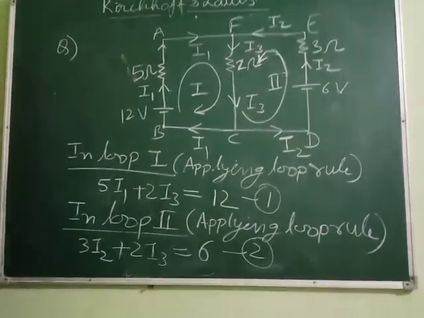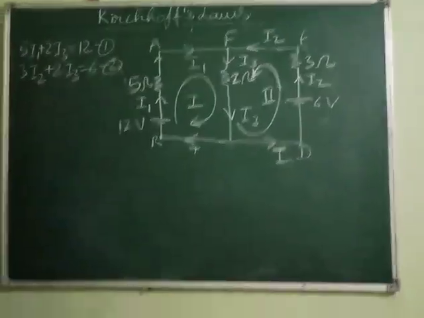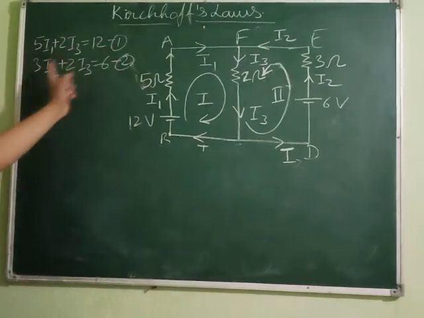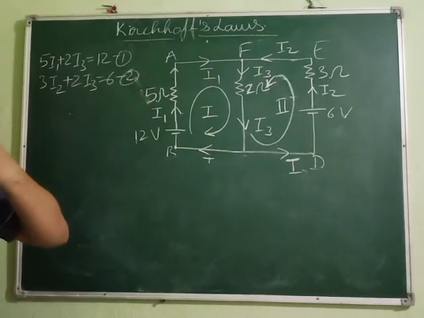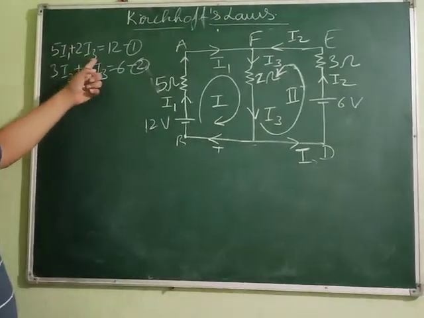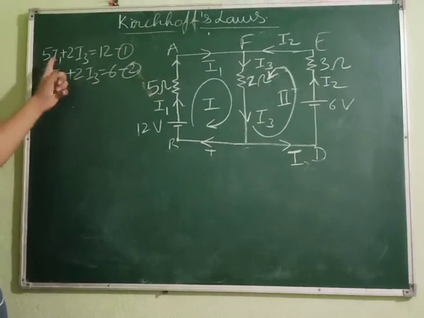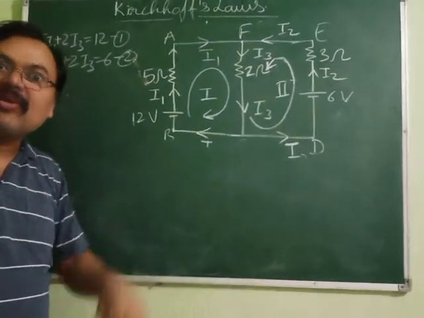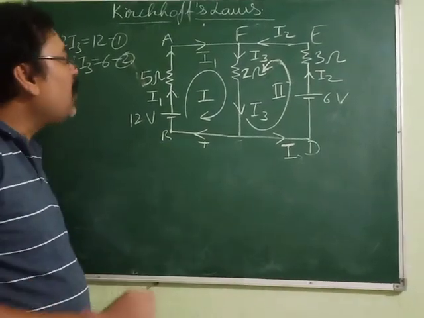Okay. For convenience I have removed this part, and I have written equation 1 and equation 2 over here for record. Now here we have I1, I2, I3, so three unknowns are there. So we require at least three equations to solve them. So how to get the third equation?